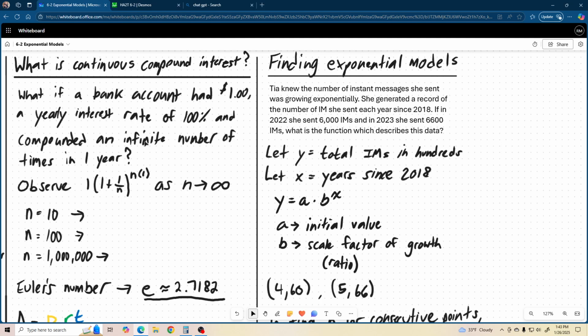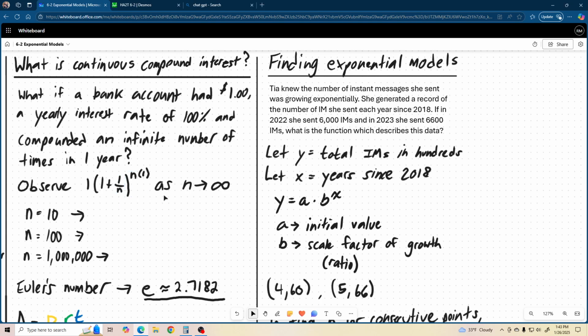So what if a bank account had $1? In other words, your initial investment was $1, with a yearly interest rate of 100%. So every year you double your money, and it's compounded an infinite number of times in 1 year. We're making all these numbers 1 just so that we can evaluate n.